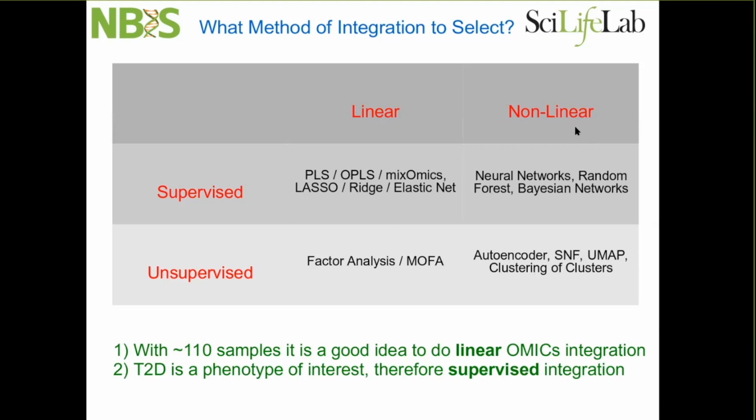This is not uncommon. But for the majority of biological and biomedical computational biology projects, we are still sitting in the linear limit. We can't go to neural networks or random forest machine learning methods. It's a little bit risky.